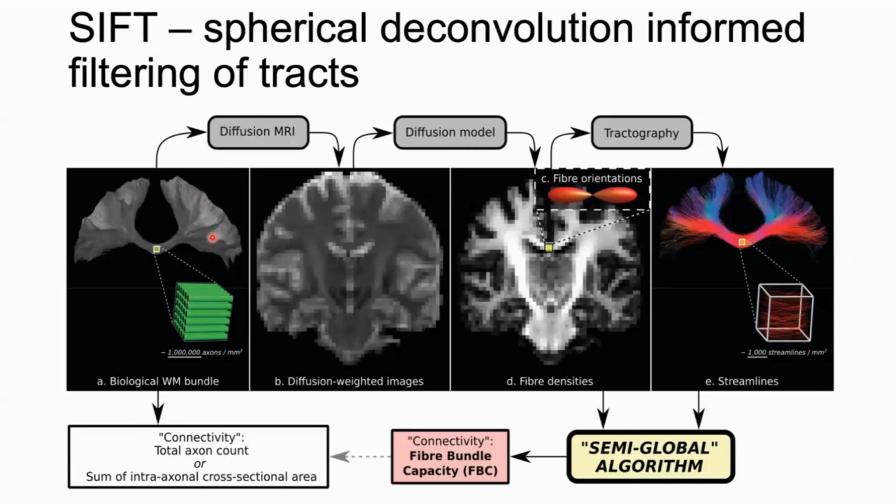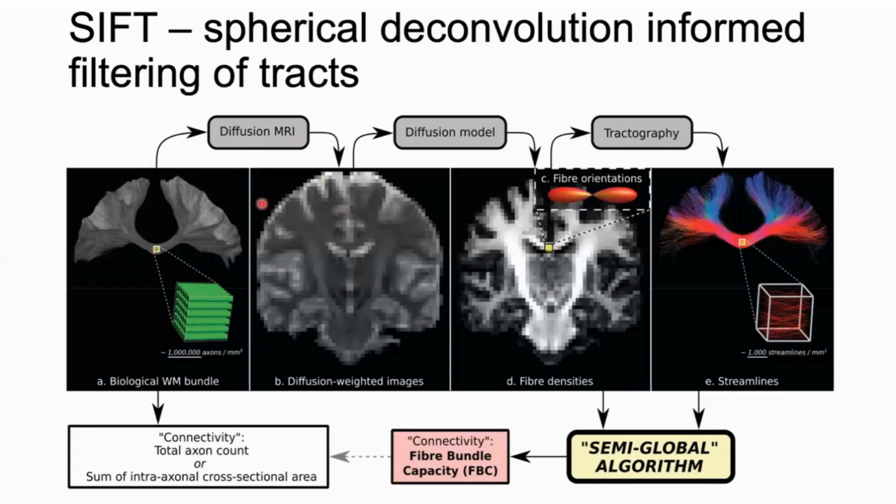Let's say you have this true biological white matter bundle. This is the actual object we are trying to image. And then, if you zoom in, you'll have the density, which is like 1 million axons per volume, per millimeter cubed. That's the truth.